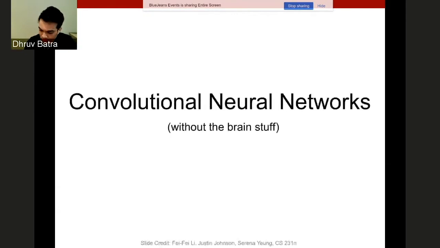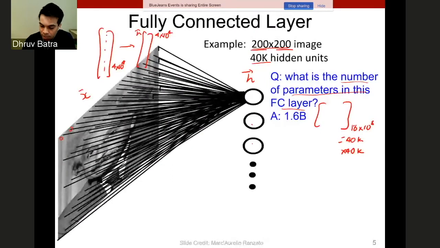Here's a quick recap from last time. We're talking about convolutional neural networks. We're diving deeper into CNNs. We justified the need for CNNs and convolutional layers by saying that fully connected layers have a major problem. Fully connected layers do not scale to high dimensional data because as soon as you have every pixel as a particular dimension in your input, and if let's say you want to preserve the same number of hidden units, you can relax that assumption.